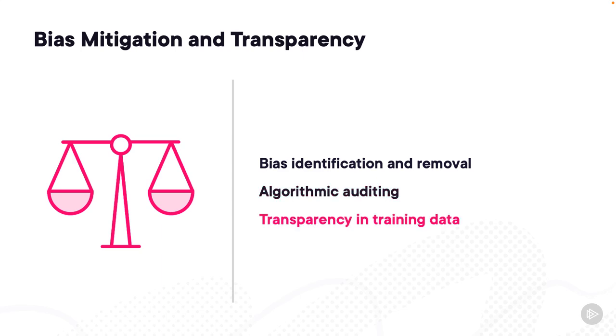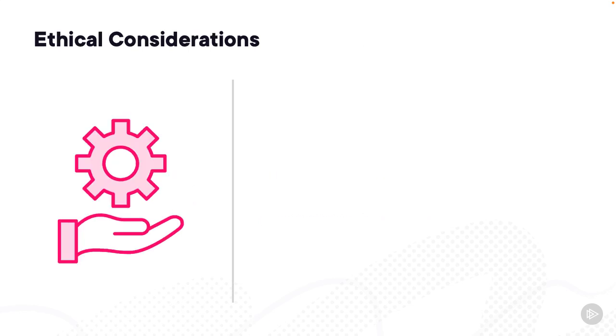Then, transparency in training data. Disclosing the sources and characteristics of training data ensures transparency, allowing users to understand the context and potential biases that might influence AI generated content. And let's not forget the ethical considerations. First, authenticity and attribution. The ethical landscape involves distinguishing AI generated content from human authored material.